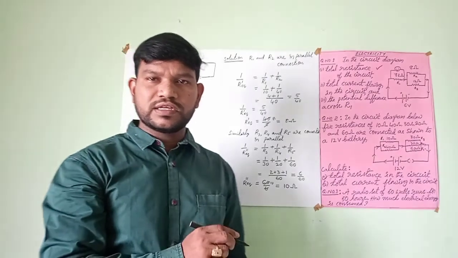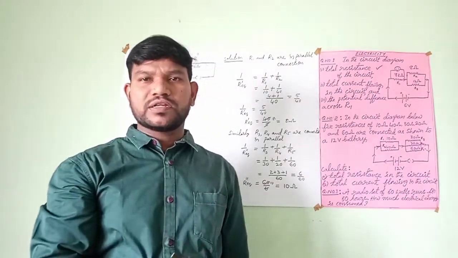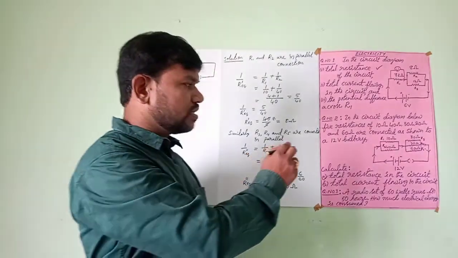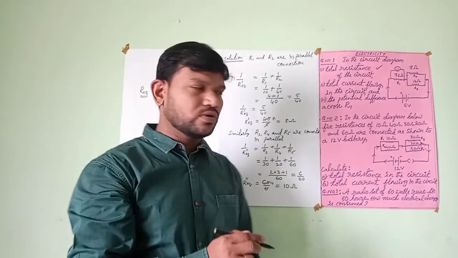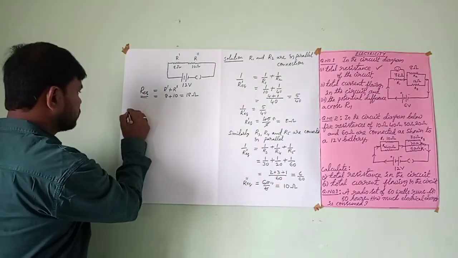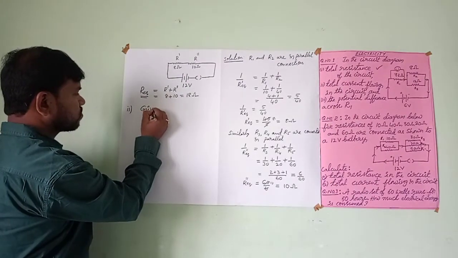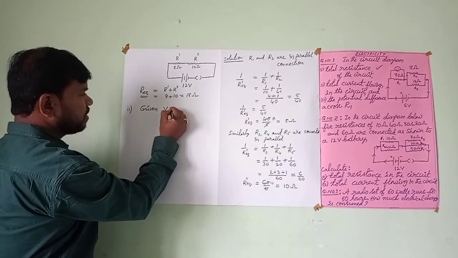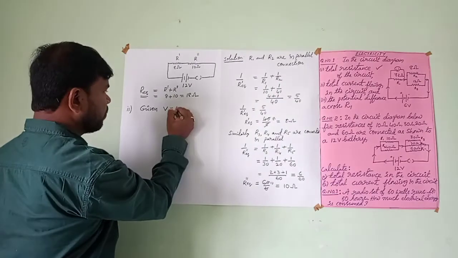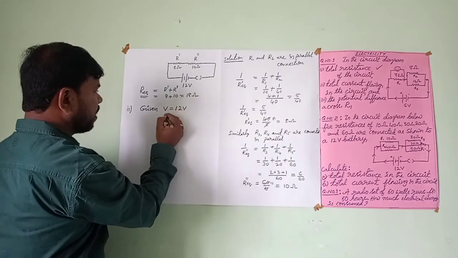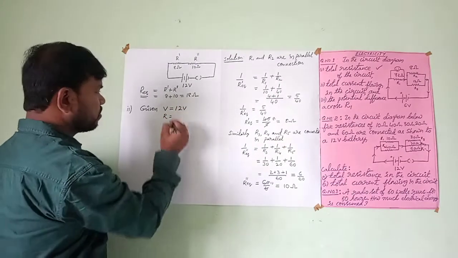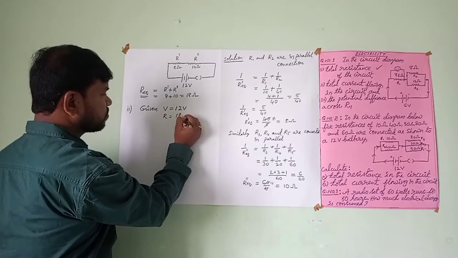Students, in this problem we got the total resistance and the potential difference is also given. So given V is equal to 12 volts, and the total resistance we got is 18 ohms.